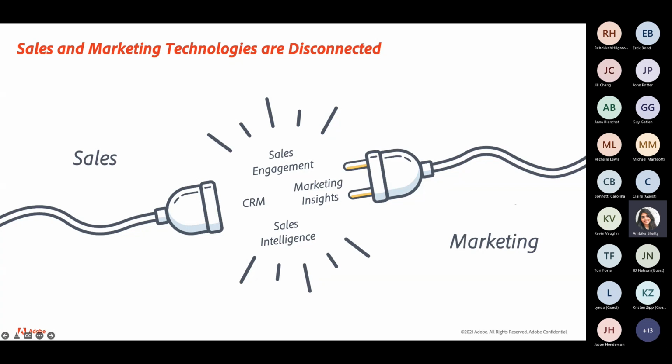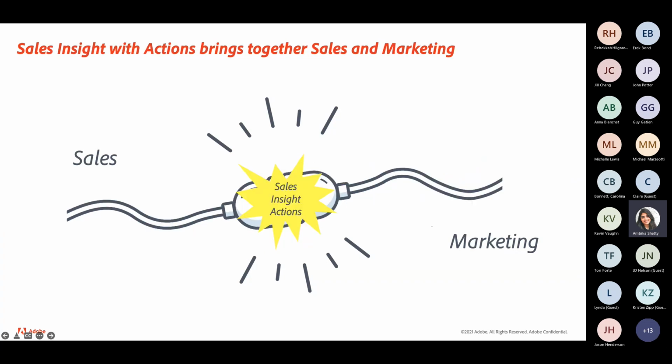This often results in key BDR or other outbounding activities being left out of the fold. So with Sales Insight Actions, we are bringing our sales engagement capabilities even more into the fold by weaving them into our sales and within the CRM experience.